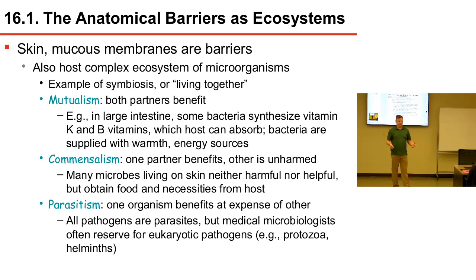Vitamins B, which is the energy vitamins that you find in Red Bulls and Monsters, is basically bacteria waste. But ultimately, B vitamins and K vitamins are important. So this is mutualism because they're providing something to us. We're providing them with a place to live in terms of the large intestine. Commensalism is one partner benefits and the other one's unharmed.